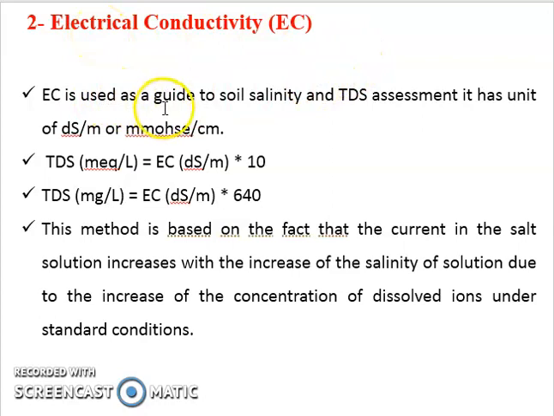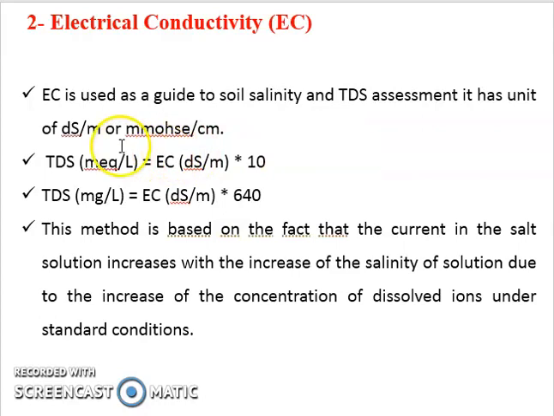The EC is used as a guide to soil salinity, and you can convert it to TDS by multiplying by a constant factor, because there is a direct relation between the electrical conductivity of the soil solution and its TDS. The higher the electrical conductivity, the higher the TDS.